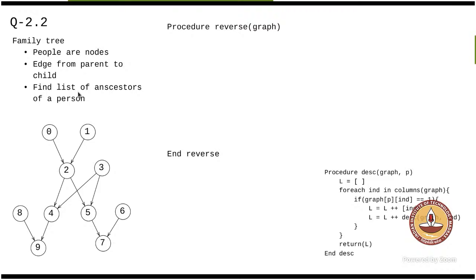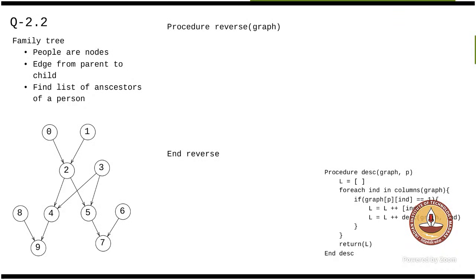For graph index p equal to 1, we will first append the index to L and then call for that index. But let's first do the graph. Sir, 0 is an ancestor of 2, no? Yeah, 0 is an ancestor of 2.